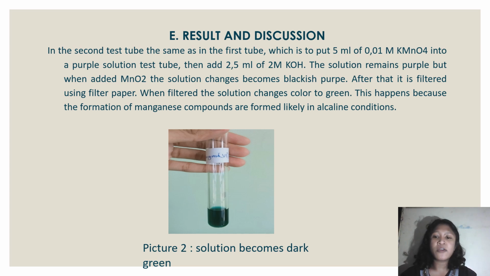The solution remains purple, but when mangan dioxide is added, the solution becomes blackish purple. After that, it is filtered using filter paper. When filtered, the solution changes color to green. This happens because manganese compounds are formed in alkaline conditions.